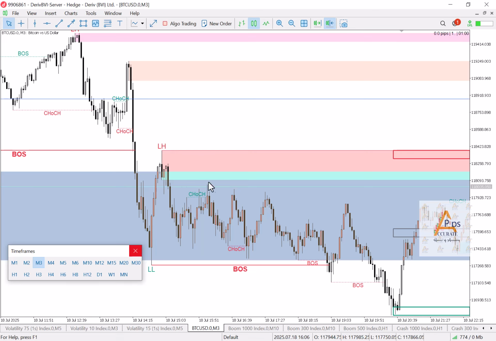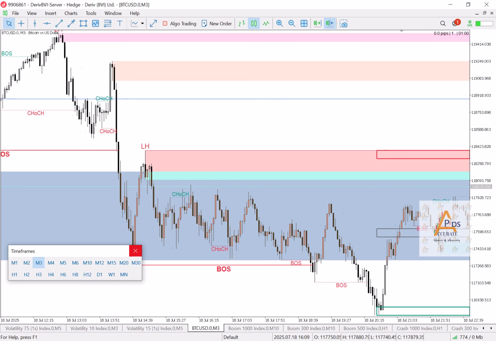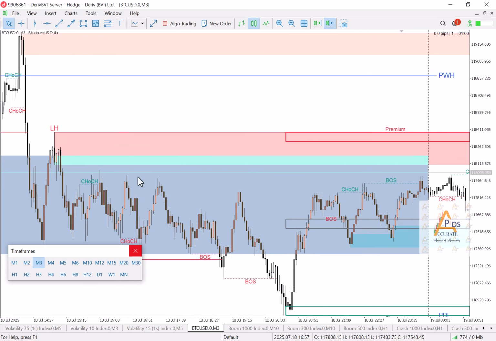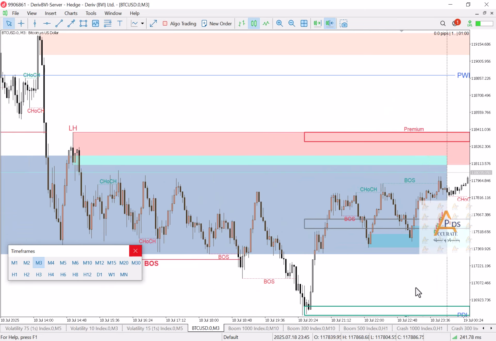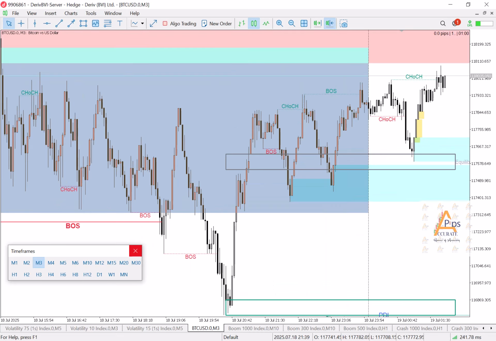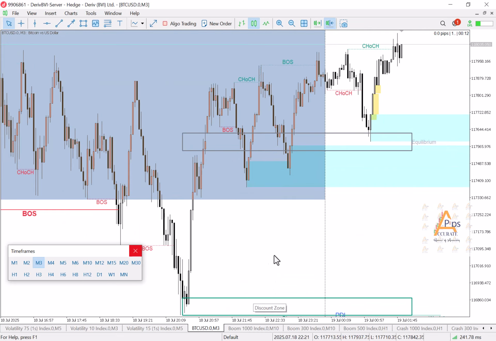I took an early entry, okay, over there, and truth be told, price didn't tap directly into the zone, but because I took the trade early, I got my 1:2 before price started going back up and then started forming bullish. As you can see, price went and tapped back into this zone, went up, retested the equilibrium zone, and is still going up. So guys, this is how we use the system.